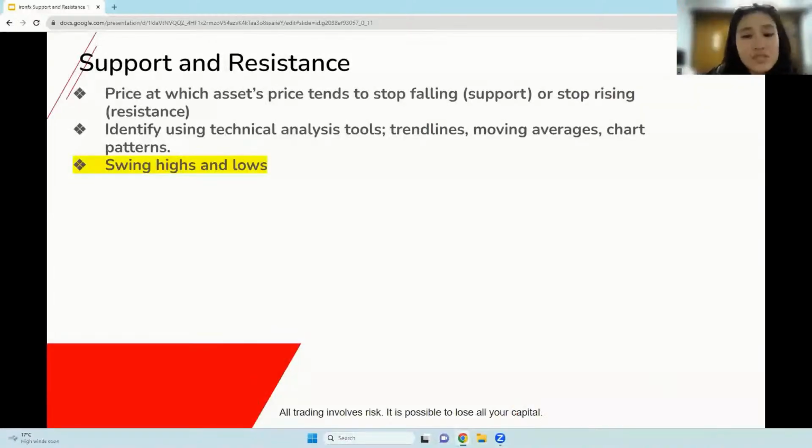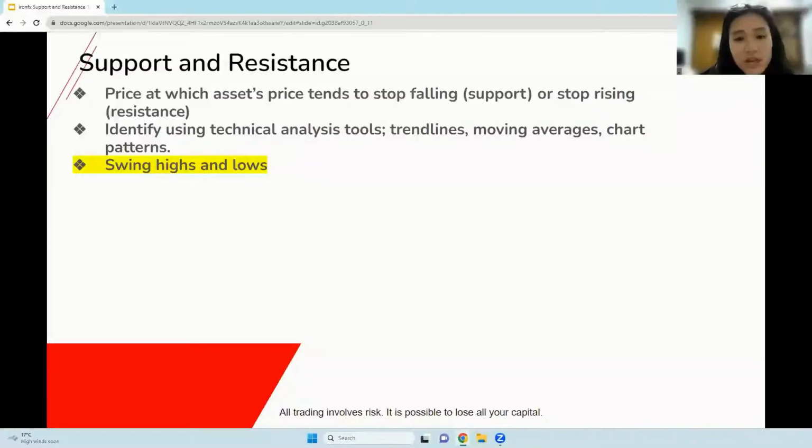So support and resistance levels in trading basically refer to prices at which an asset's price tends to stop falling, which would be your support, or stop rising, which would be your resistance. So to identify these levels, you can use technical analysis tools such as trend lines, moving averages, chart patterns, and so on and so forth.